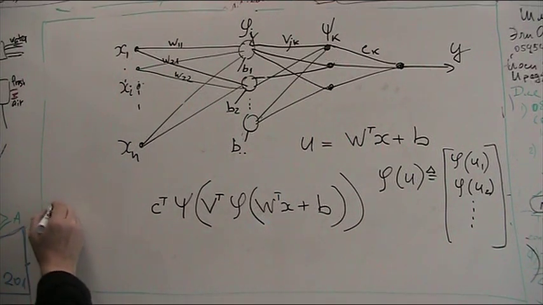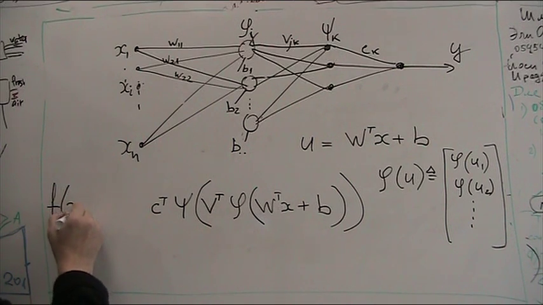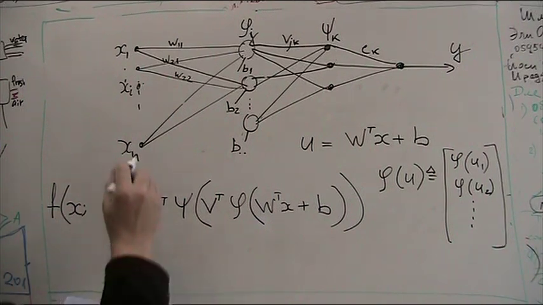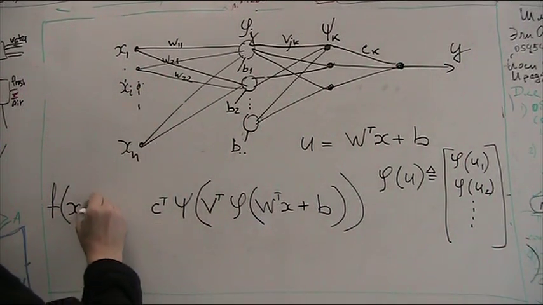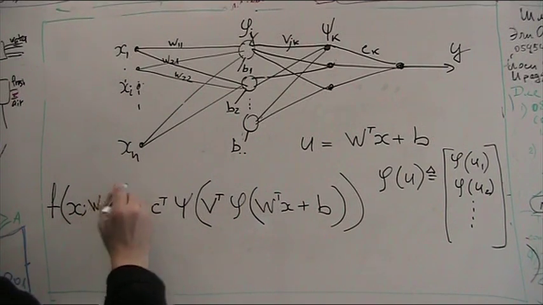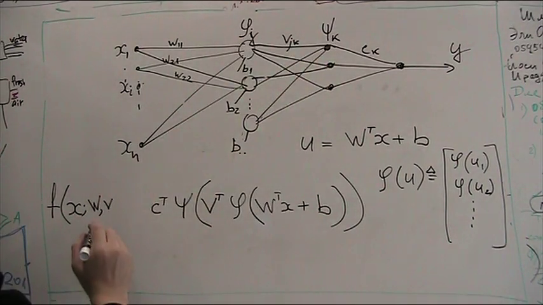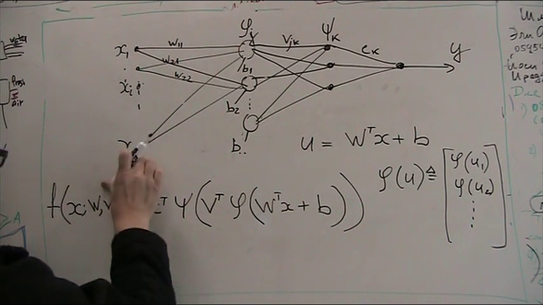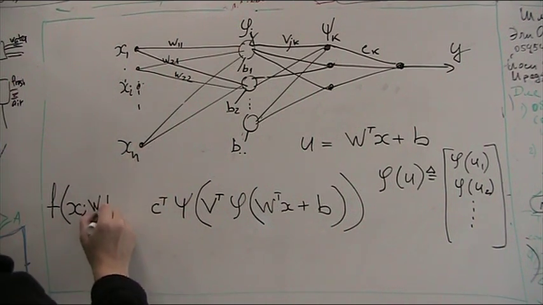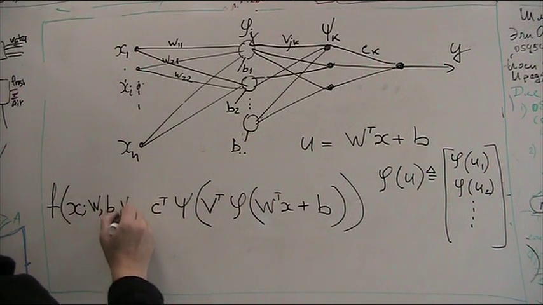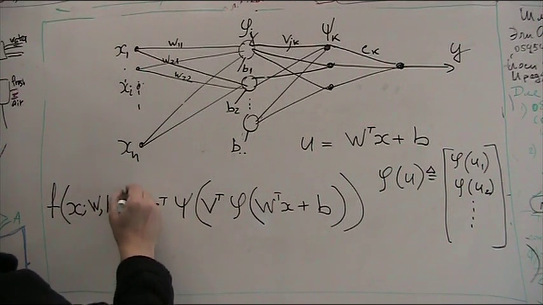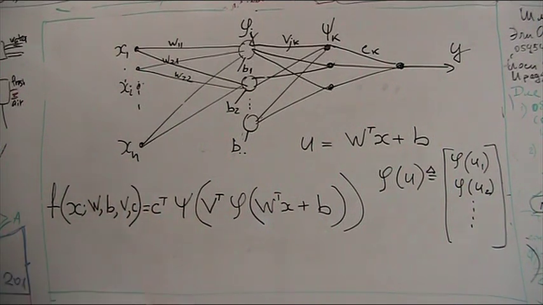So this is our function of x. X is input, and what are the parameters? Matrix W, vector B, matrix V, and vector C. And this is my function.